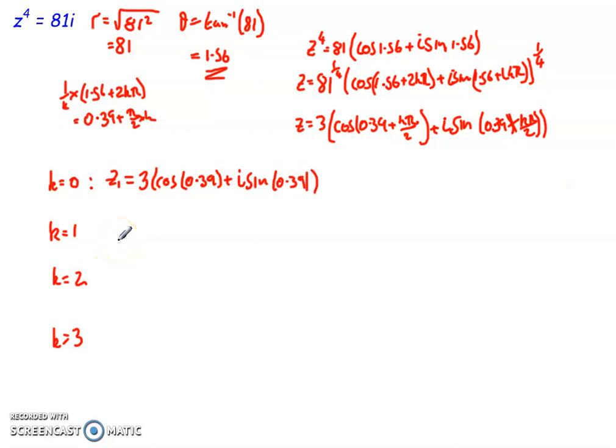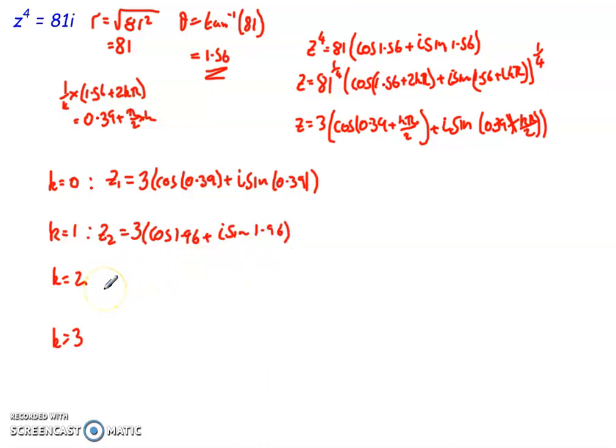Second solution, z2, what I have to do in order to get that is substitute in k equal to 1. So in this case, I know z2 is going to equal 3 bracket cos. This time though, it's going to be cos of 1.96 plus I times sine of 1.96.